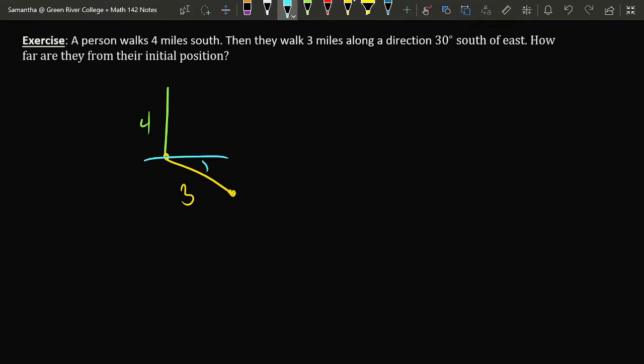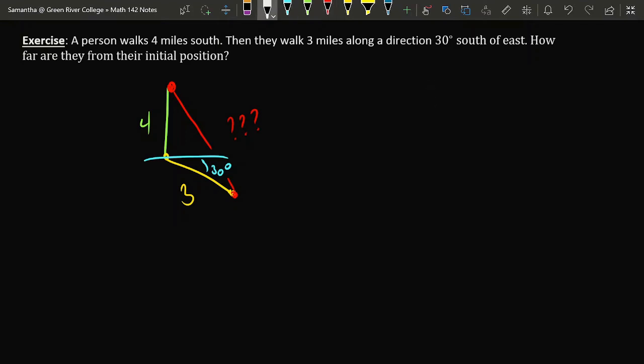So in this picture, the angle 30 degrees would live right here, 30 degrees southward of east. The question is, how far are they from their initial position? If they were to walk directly back to their starting location, how far would it be?